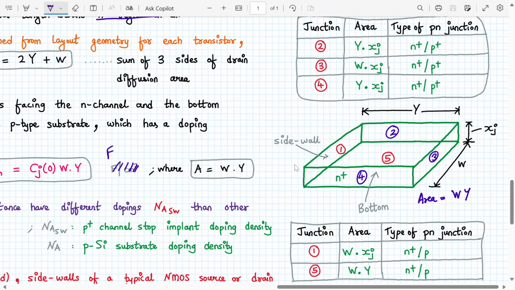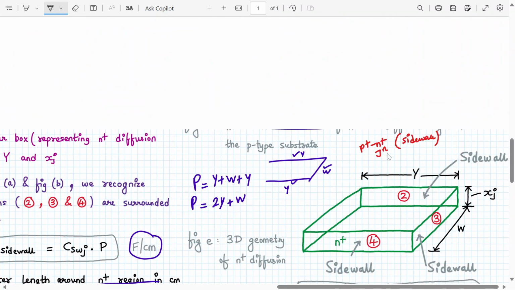Out of this, which are the side walls? Is 2 a side wall? Yes. Is 3 a side wall? Yes. Is 4 a side wall? Yes. And what is the bottom capacitance? Only 5. Okay, this 5 is the bottom one. Agree?